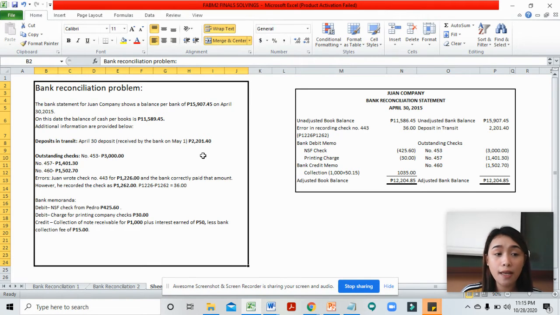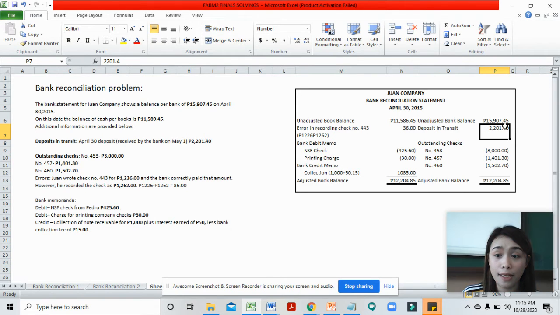We are already given the DIT, so how much is that? The April 30 deposit received by the bank on May 1st is 2,201 pesos and 40 cents. The deposit in transit belongs to your unadjusted bank balance. So we have here the amount in our statement.